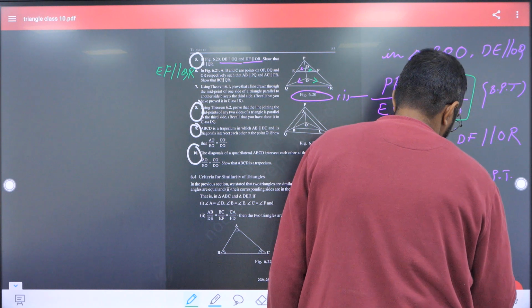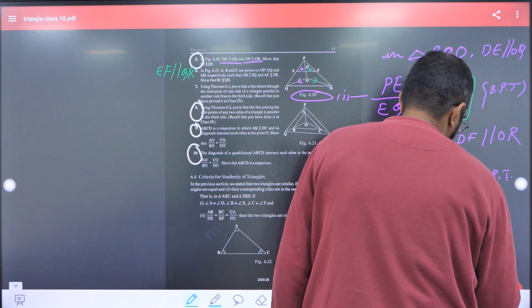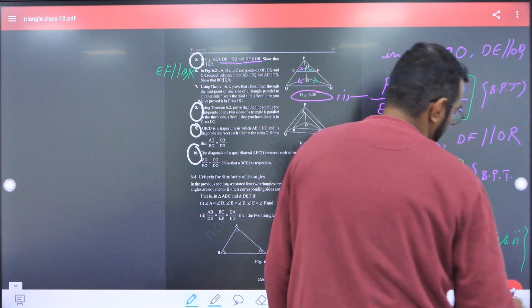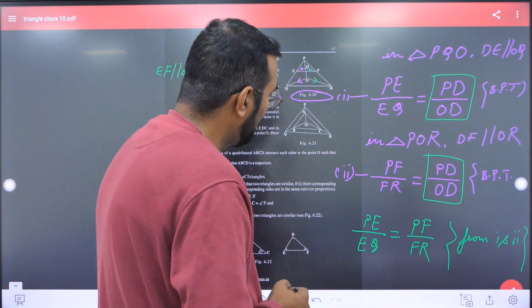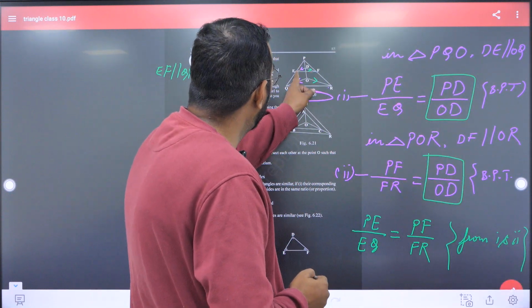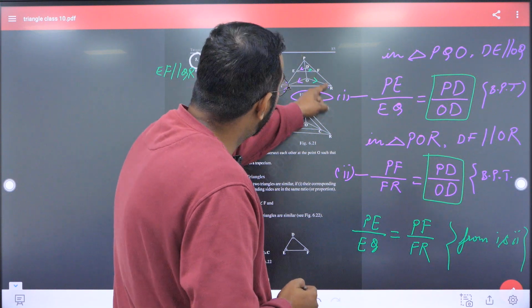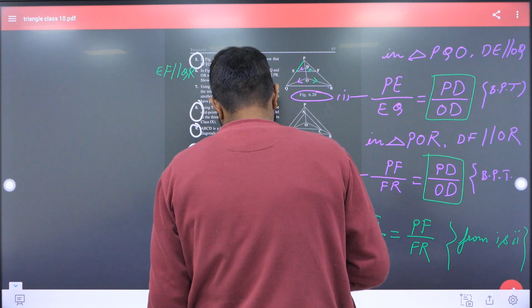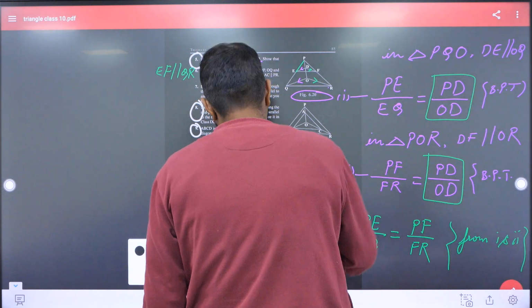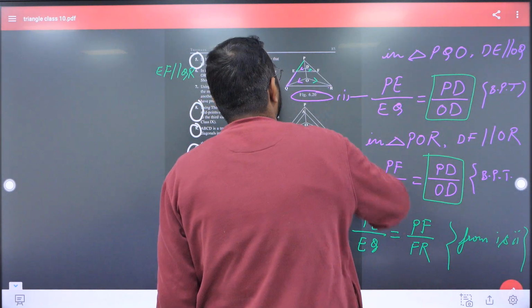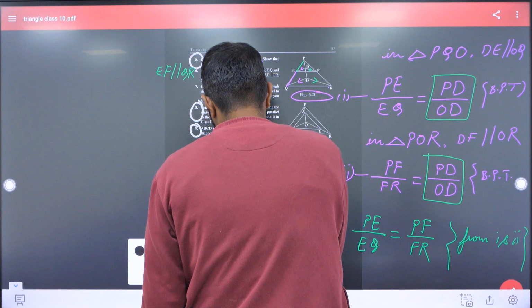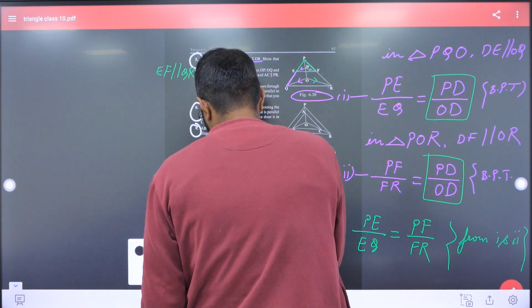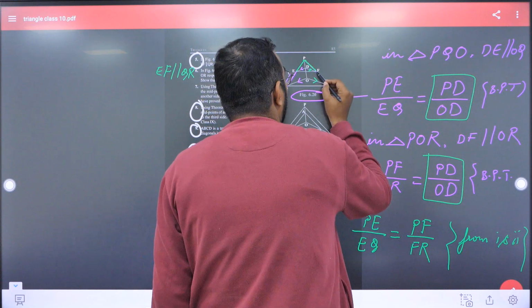Reason: from first and second. Okay? Yes. So here PE upon EQ is equal to PF upon FR.